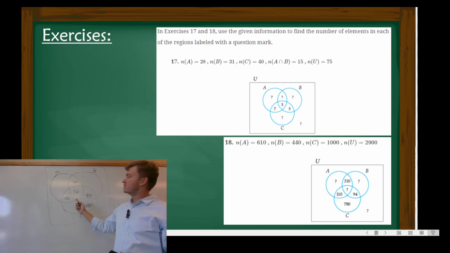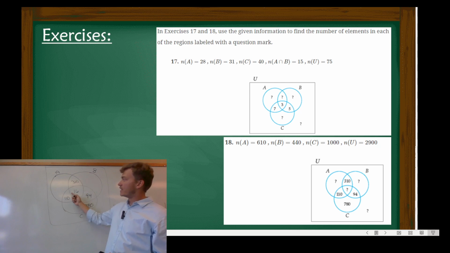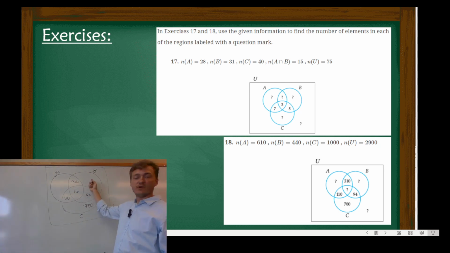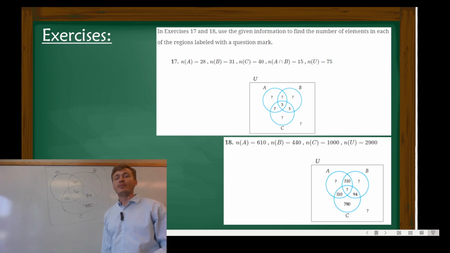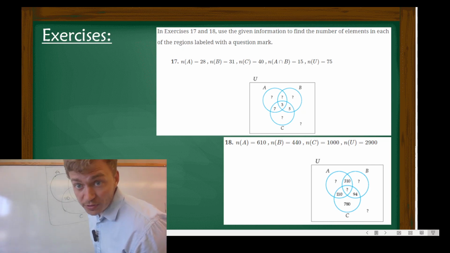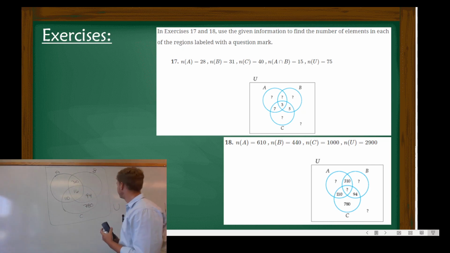But now that I have found the intersection of 16, I have everything that I need to find the remaining region for A, everything I need for the remaining region of B, and thus I can find everything on the outskirts, given the number of elements for the universal set appears to be 2,900.